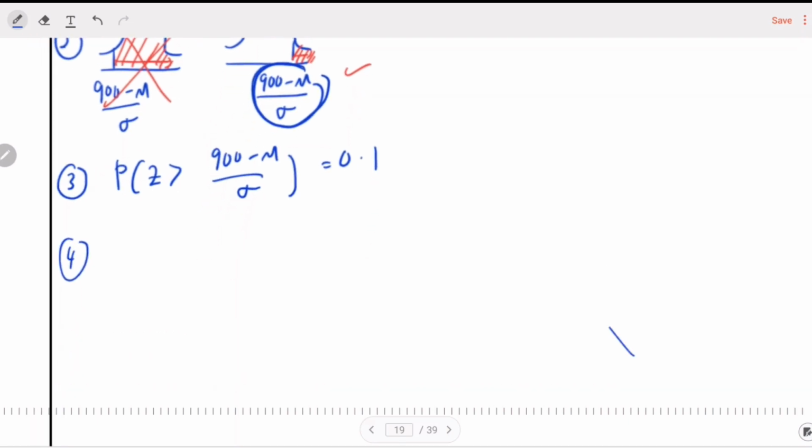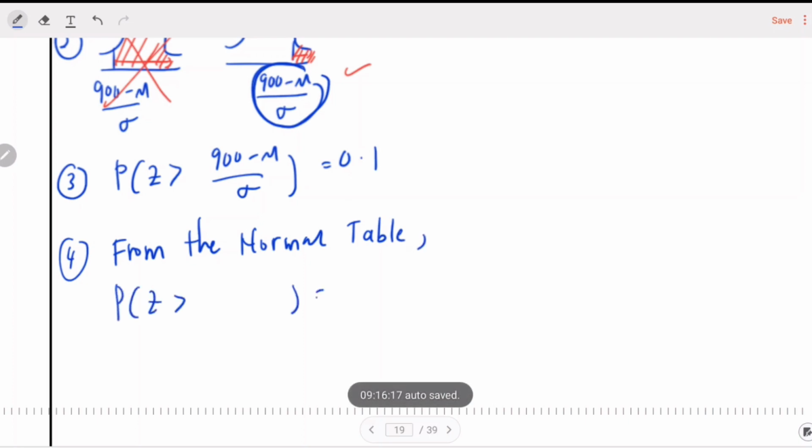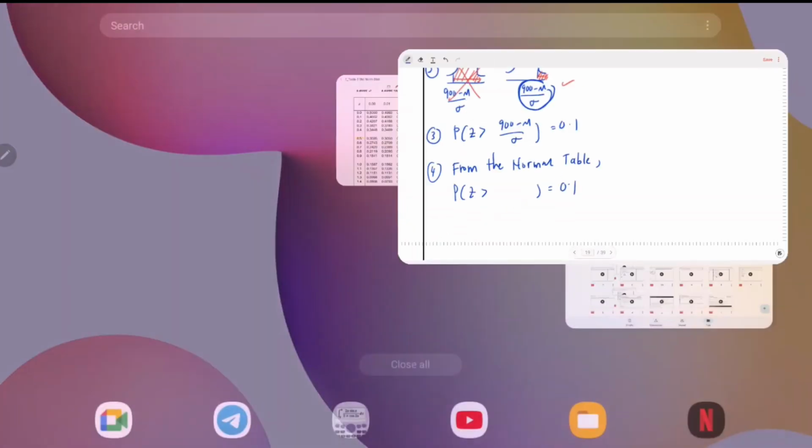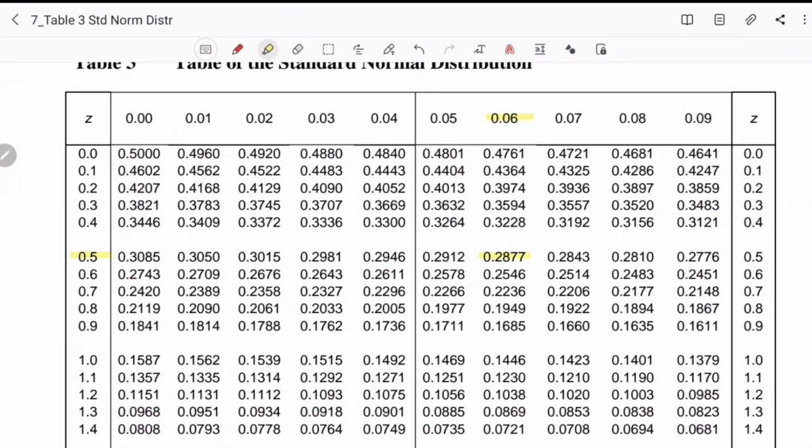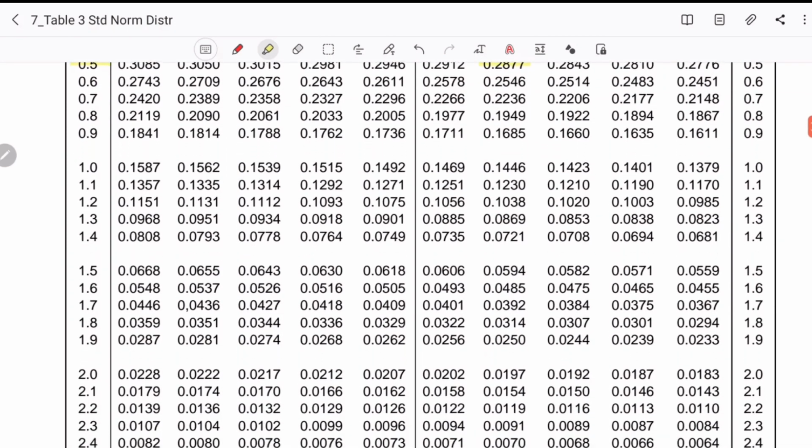Lastly, take a look at the standard normal table to find the value of Z that will give us the probability of 0.1. Standard normal table. Find the probability of 0.1 or the closest one to 0.1.